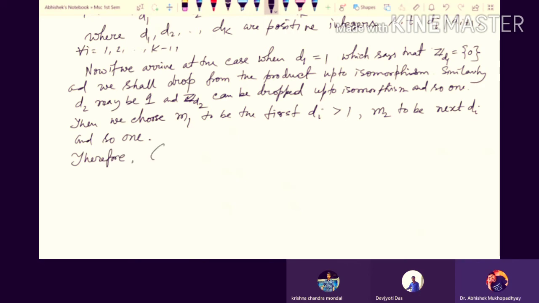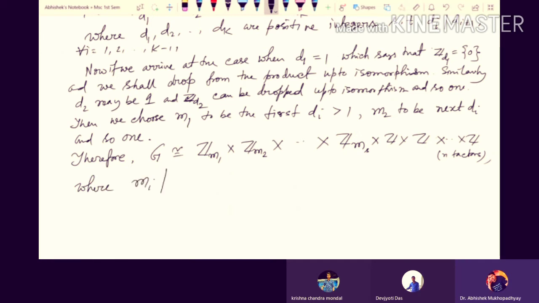Thus G is isomorphic to Z_{M1} × Z_{M2} × ... × Z_{Ms} × Z × Z × Z with n factors of Z, where mi divides m(i+1) for all i equal to 1 to s minus 1. So this proves the fundamental theorem of finitely generated abelian groups.